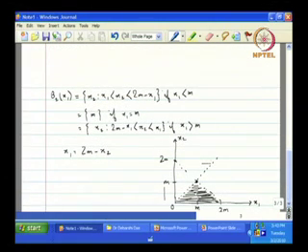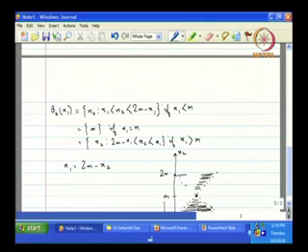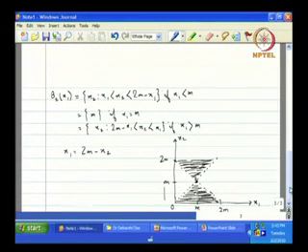So, all these points will be included, and x1 should be greater than 2m minus x2. So, all these points to the right of this line should be included. So, we have this horizontally shaded region as the best response function of player 1.